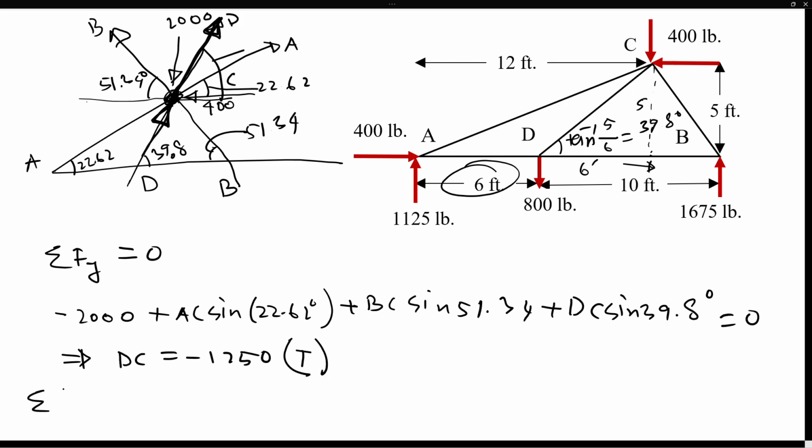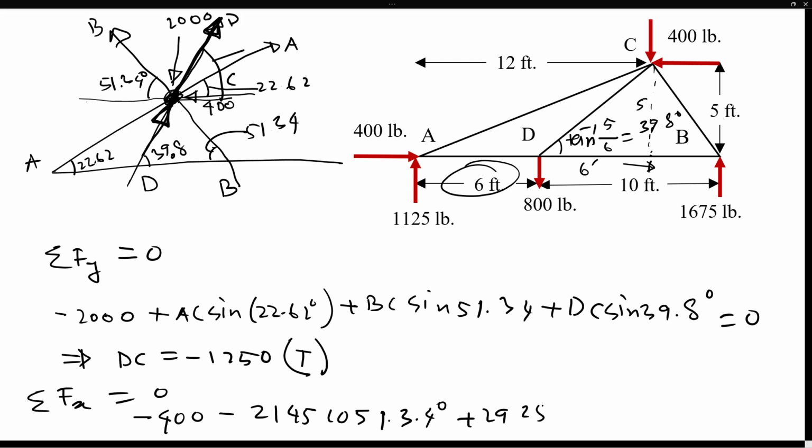You can verify this calculation by doing Fx equal to 0. It should be exactly the same as this 1250. So 400 minus 2145 cosine 51.34 degree, plus 2925 cosine 22.62 degree, plus DC cosine 39.8 degree.